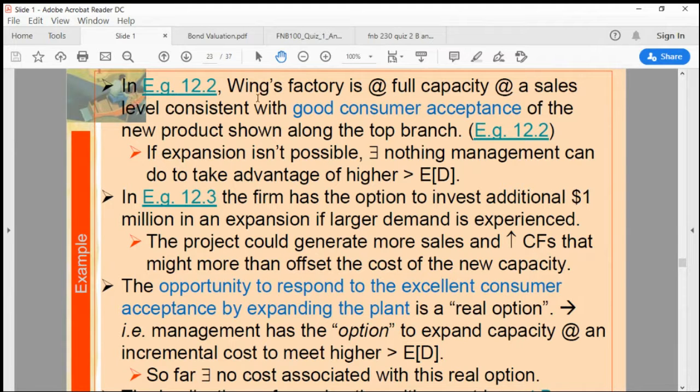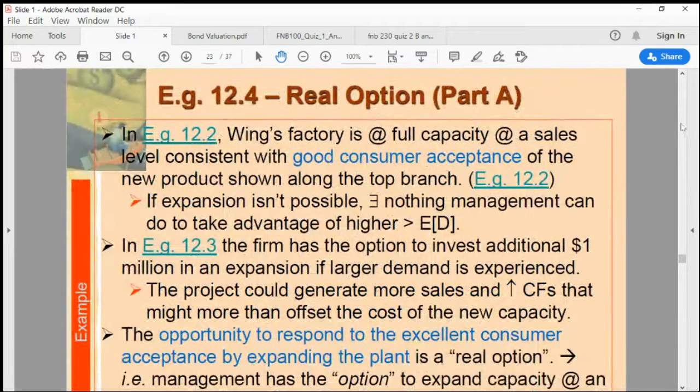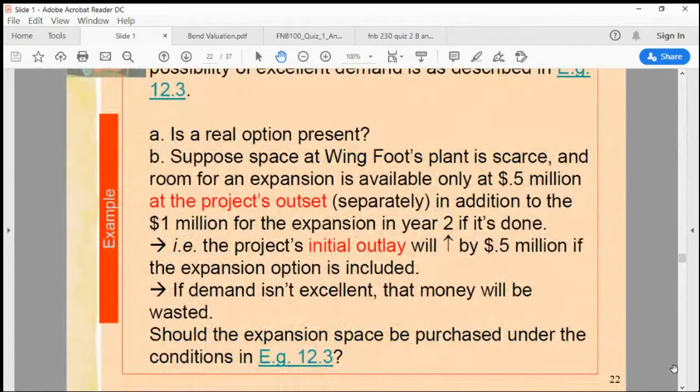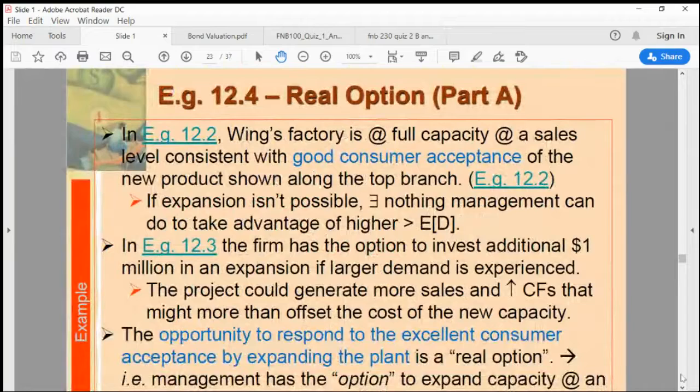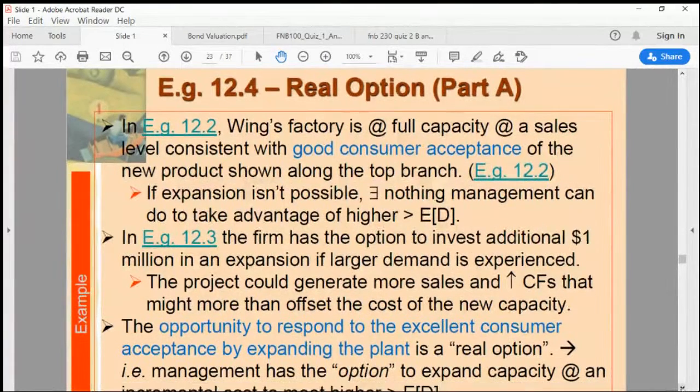In example 12.2, Wing's factory is at full capacity at a sales level consistent with good consumer acceptance, right? We already talked about this, and I don't want to repeat the same thing.